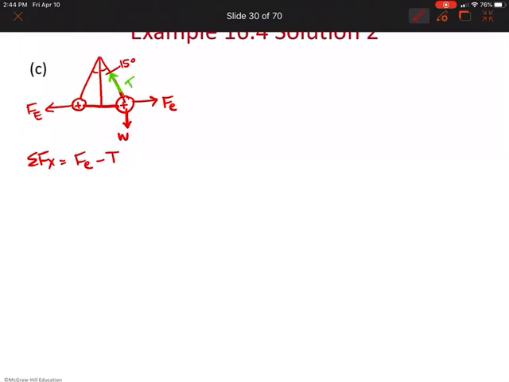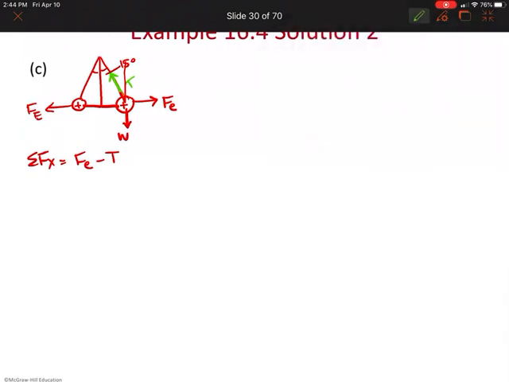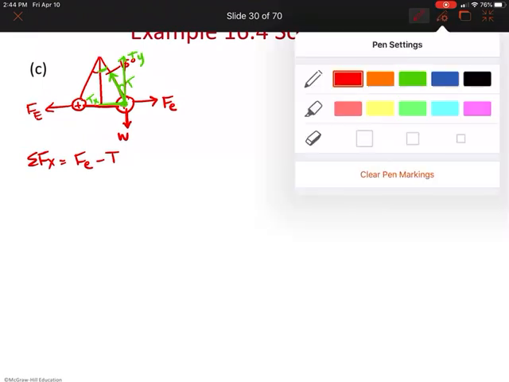The tension force right here has both components. If you broke this up, let's say this was your coordinate system, and this was the origin right here, you've got your tension in the Y direction and your tension in the X direction. And this angle right here is equivalent to that angle right there.